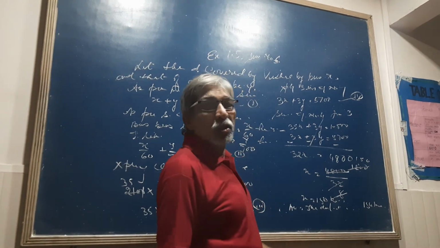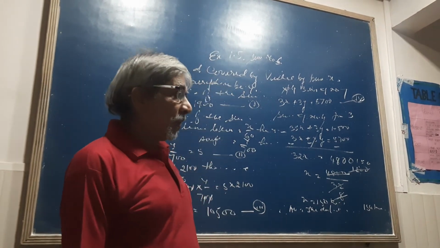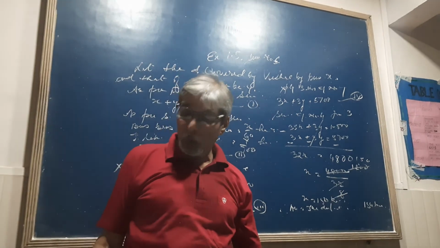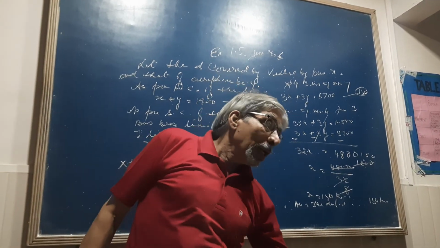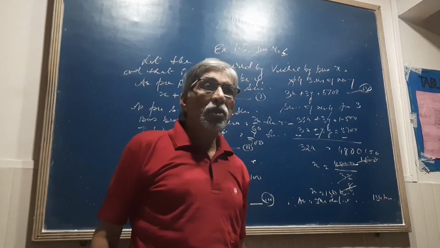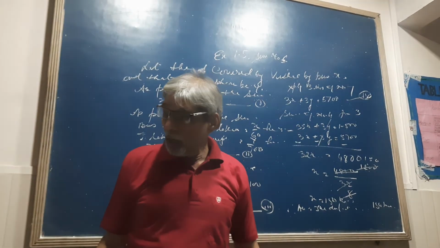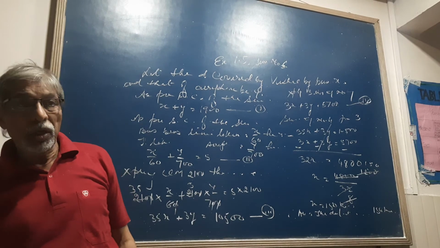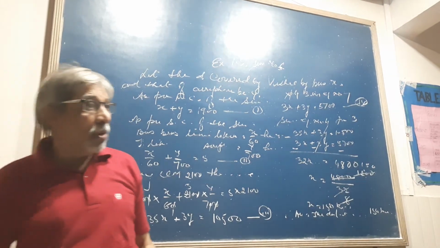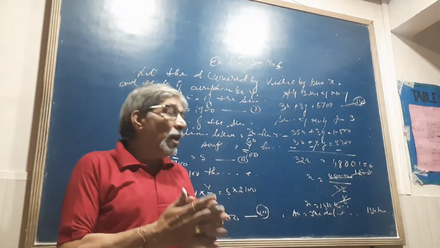So this is the simple thing. When you have to solve sums, read them carefully and understand the data. Your data told that the total distance is 1,900 kilometers, some by bus and some by plane.